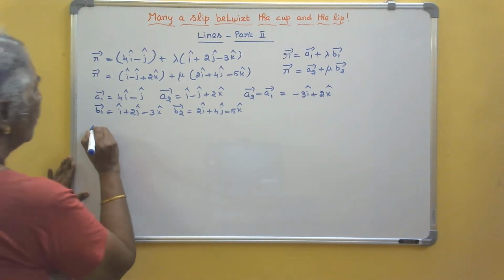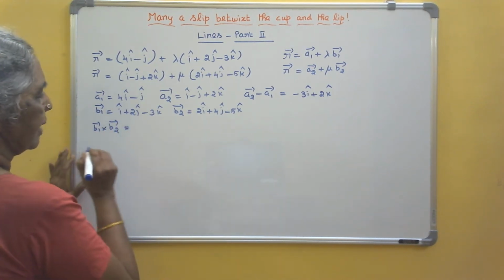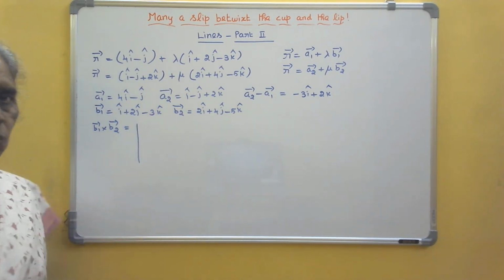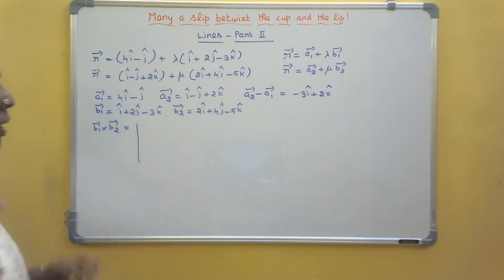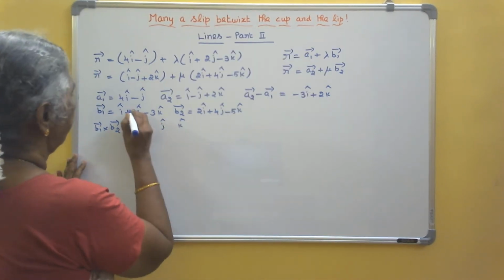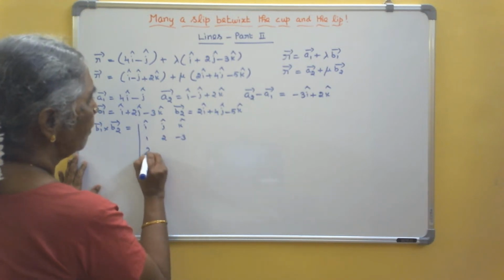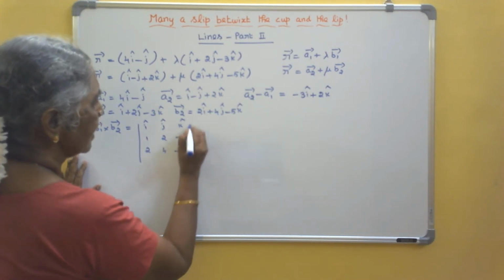Let us find B1 vector cross B2 vector. Remember, cross product is by determinants. So write here i cap, j cap, k cap. Then you write 1, 2, minus 3. Here 2, 4, minus 5.